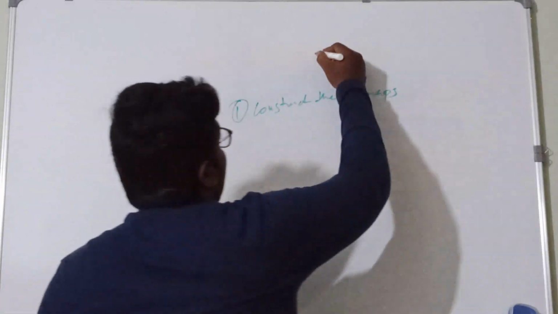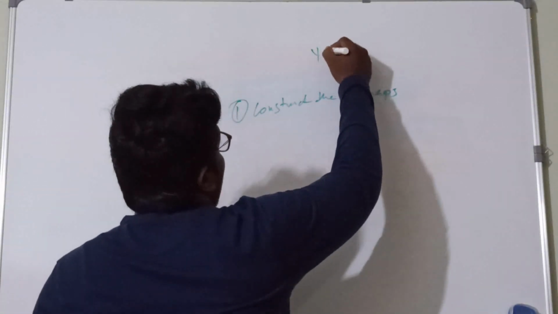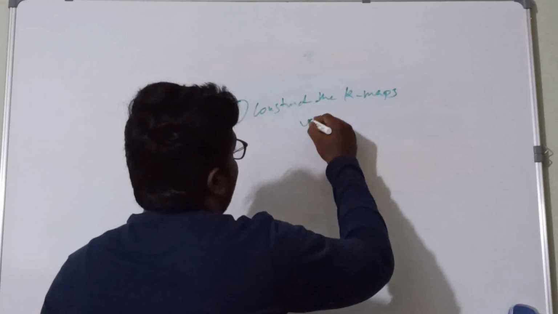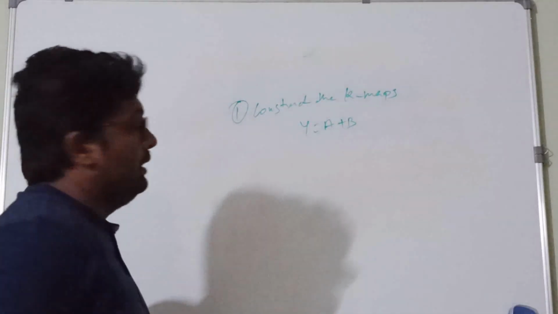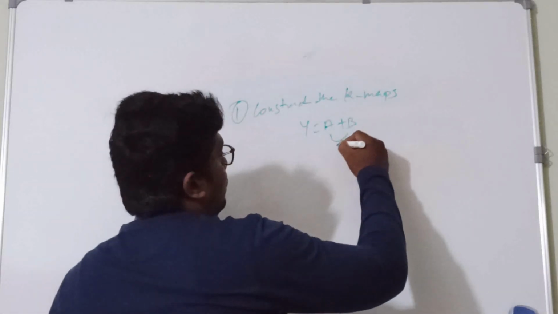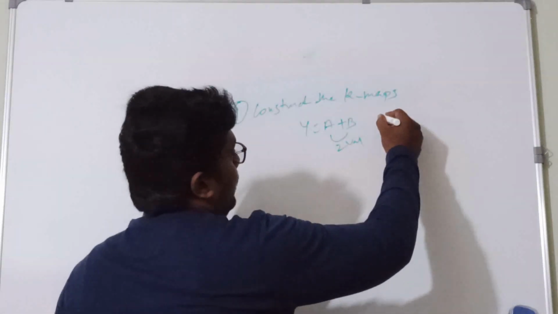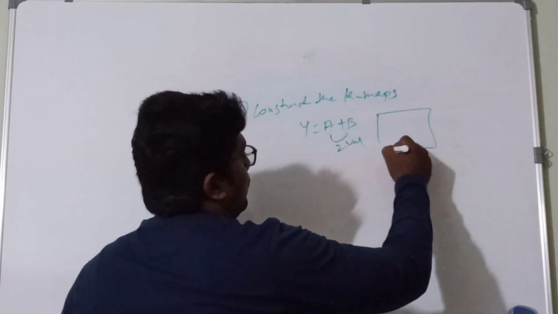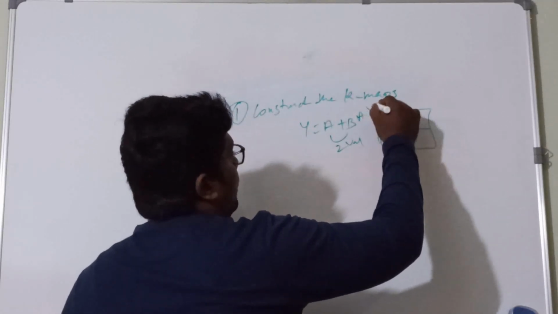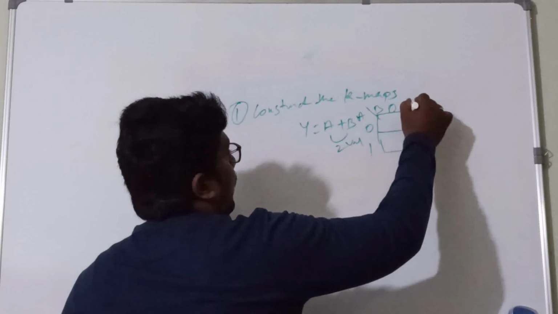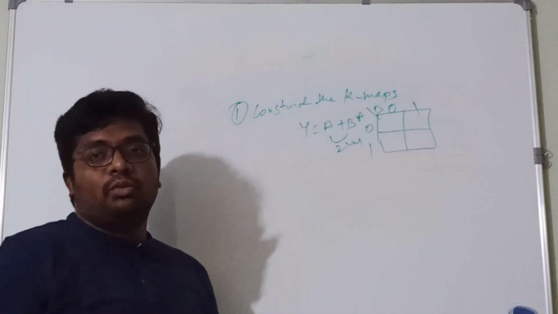So for example, let us take y equals a plus b. Here we are given 2 variables, right? For 2 variables we will have 4 squares. Variable a, variable b, 0, 1 and 0, 1.